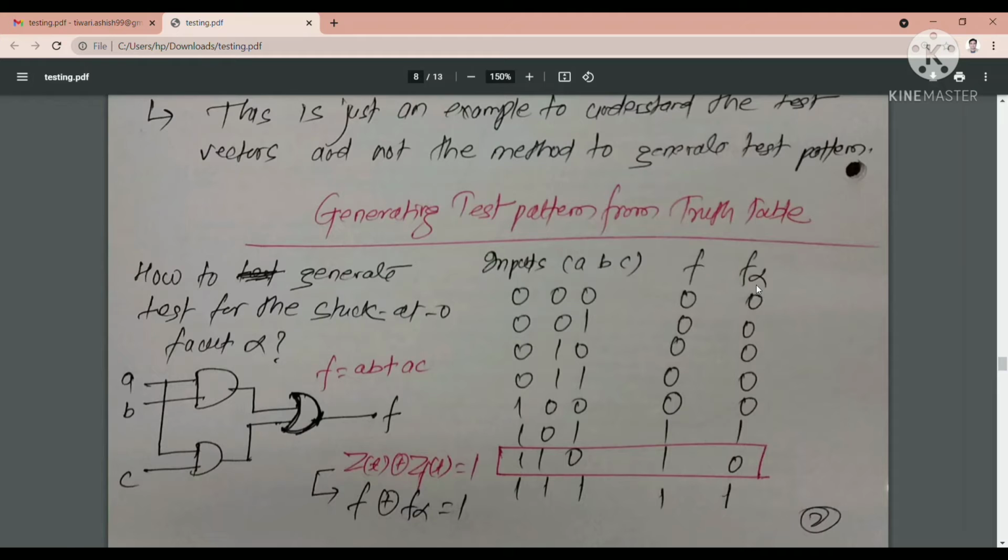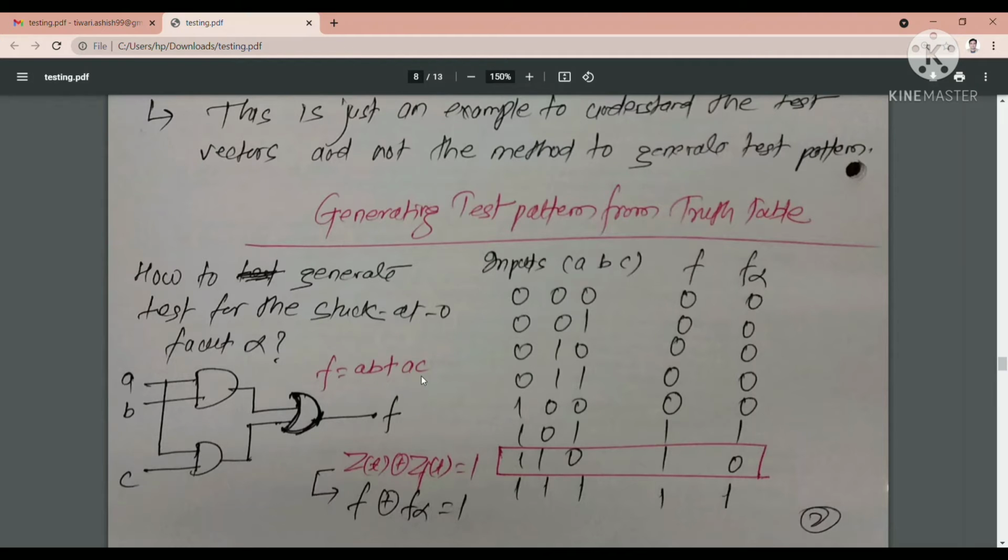Let us see how this truth table is generated first. What is the function of this circuit? If we quickly review, this is the AND gate, so the output is AB, and this is the AND gate again, with the first input connected with A, so the output is AC, and this is the OR gate, so my function will be AB plus AC.